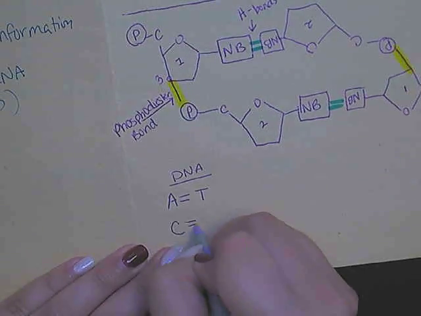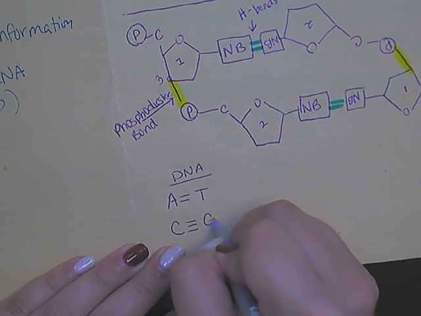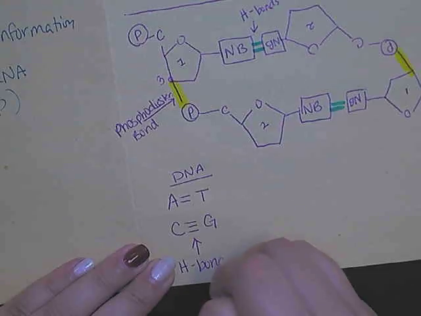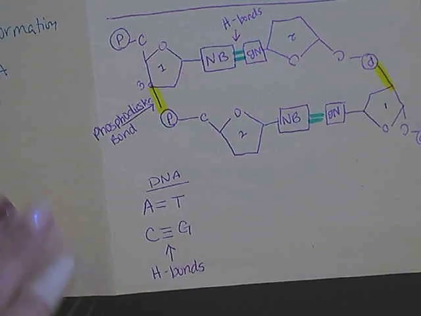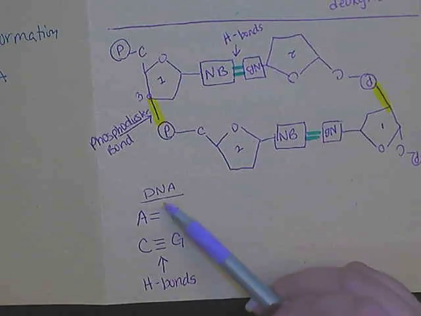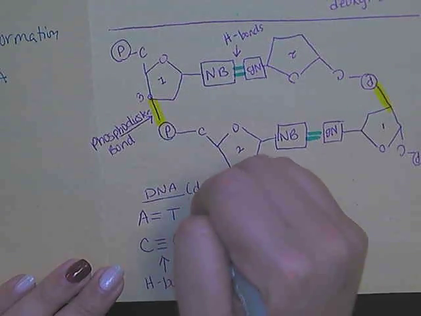So cytosine will form triple bonds with guanine. Now, this happens because DNA is double-stranded.